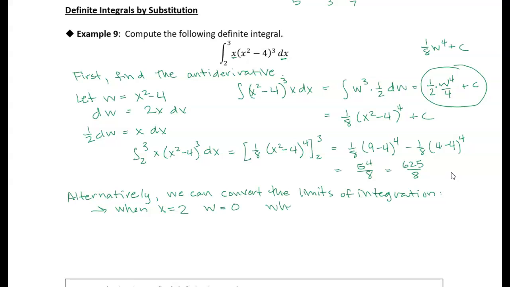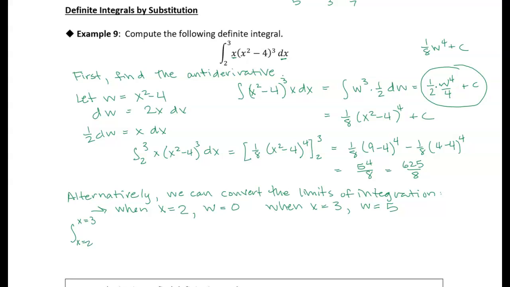And also when x equals 3, that's our upper limit of integration, we can write that in terms of w, because w is x squared minus 4, so w is equal to 3 squared minus 4, which is 9 minus 4, which is 5. Now, if we want to evaluate the definite integral, the lower limit is 2, the upper limit is 3: x equals 2 to x equals 3.